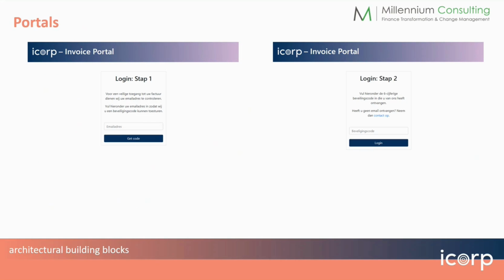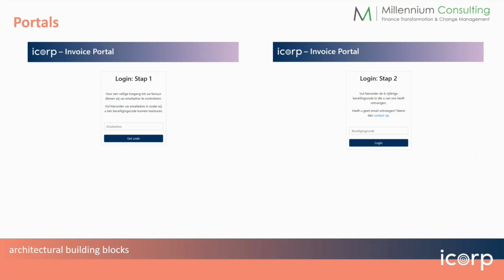And finally, we have reference implementations for business-to-consumer and business-to-business portals. One of those examples here is unfortunately in Dutch. This is the invoice portal where end customers are able to print out the invoice documents and see a list of their previous invoices.